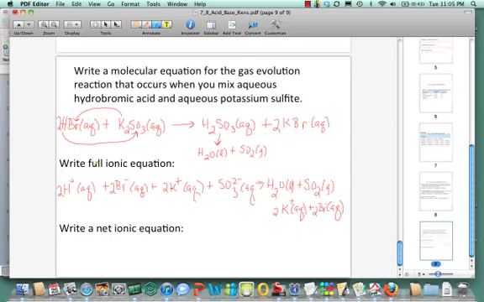Now, scratching out things that occur on both sides, bromines occur on both sides, potassiums occur on both sides. Those are the spectator ions.